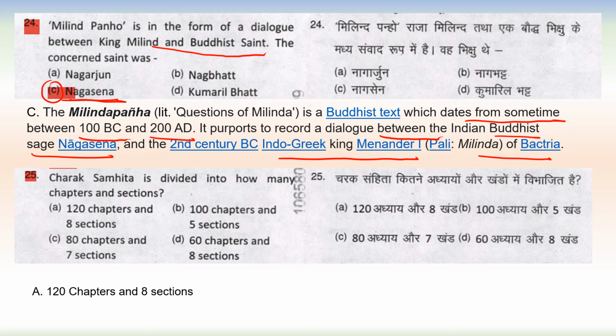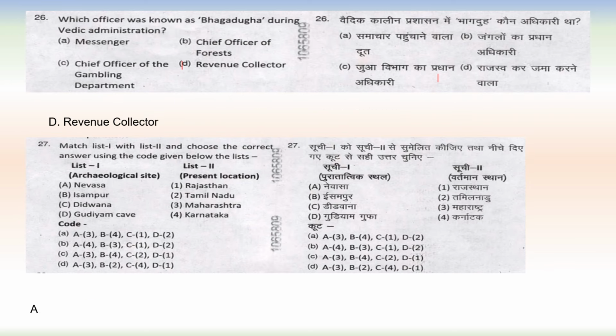Next one. Charak Samhita is divided into how many chapters and sections? So this is one factual question. Answer is A, 120 chapters and 8 sections. Next one.